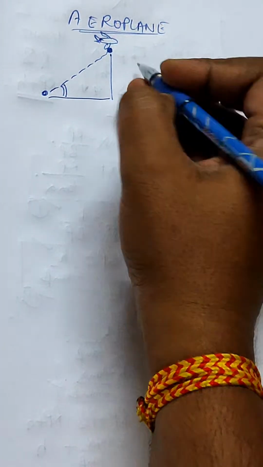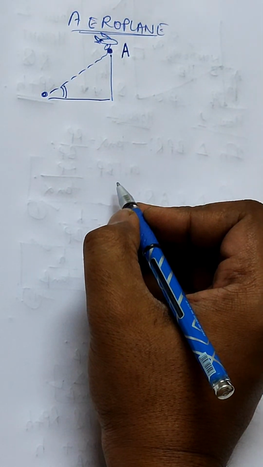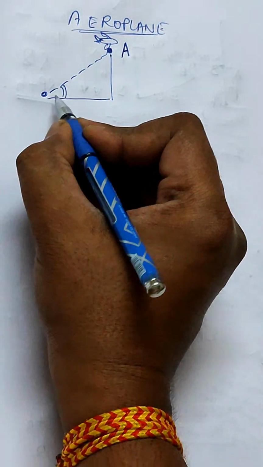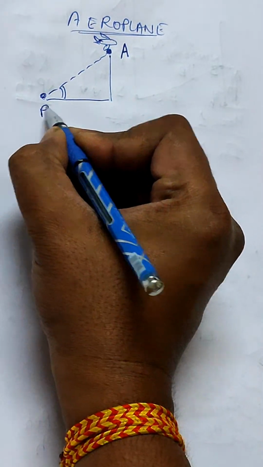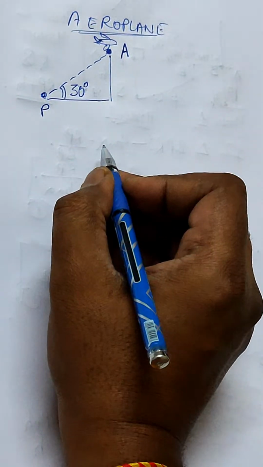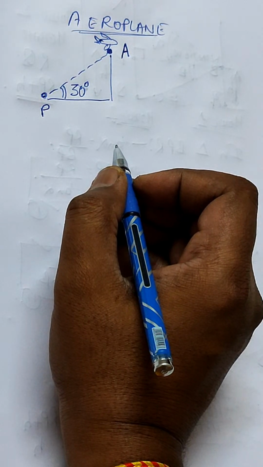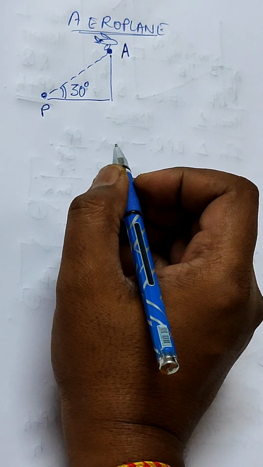The aeroplane is flying here. Let's say this is the point A where the aeroplane is flying, right? And the angle of elevation of this point from, let's say, this point P is given as 30 degree.